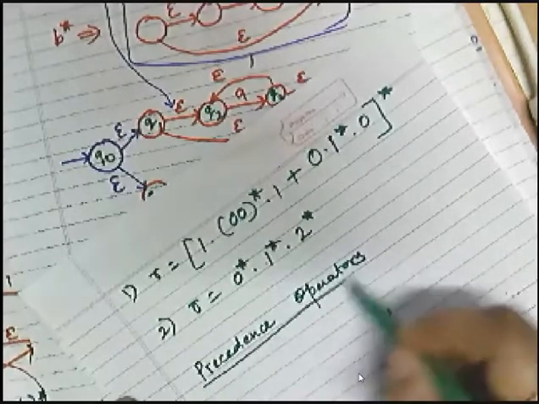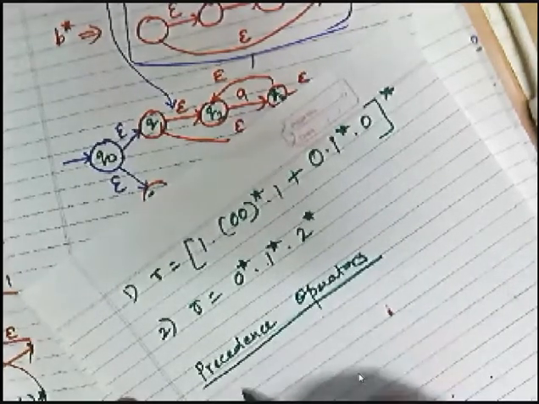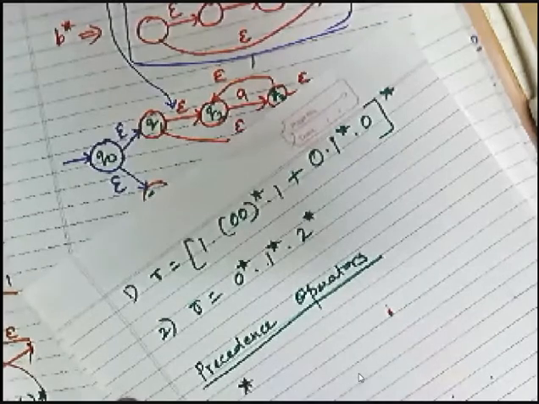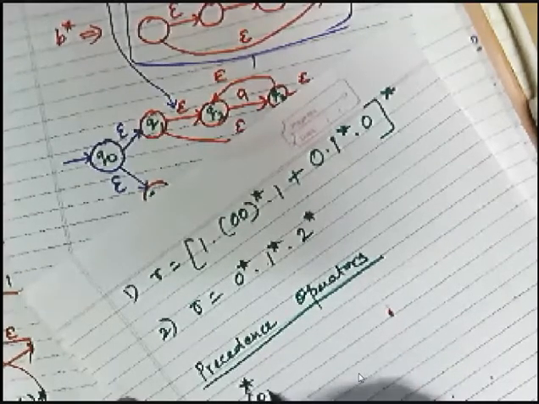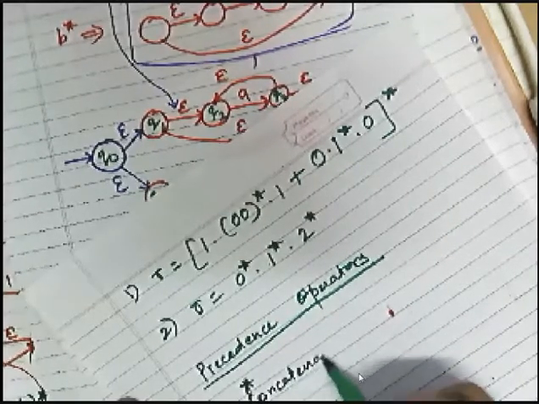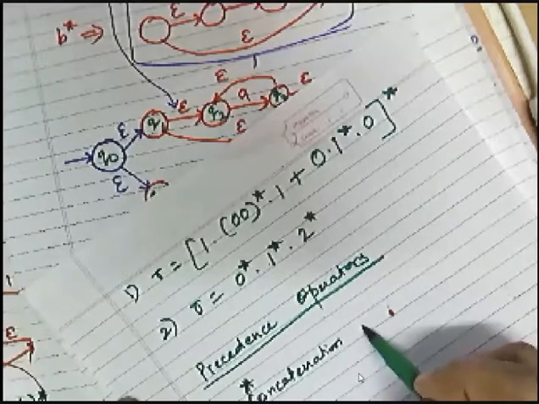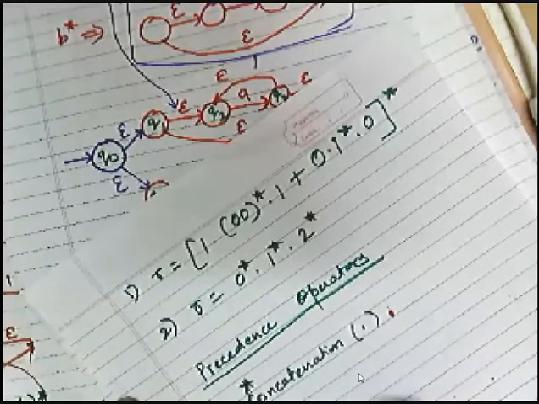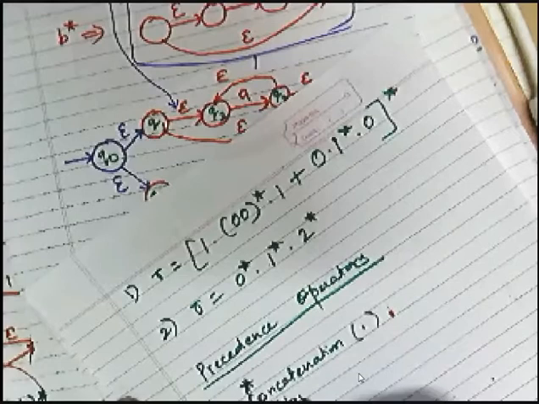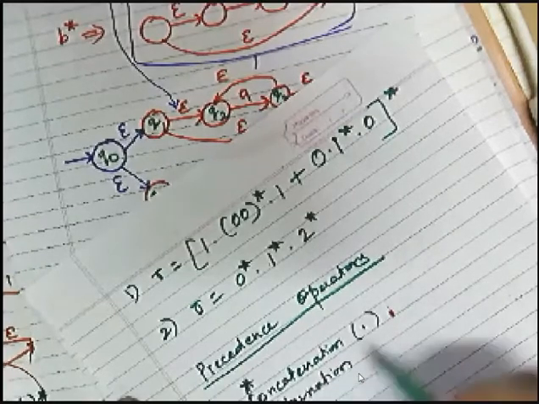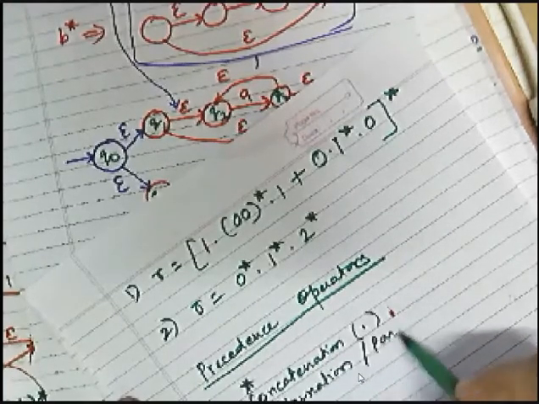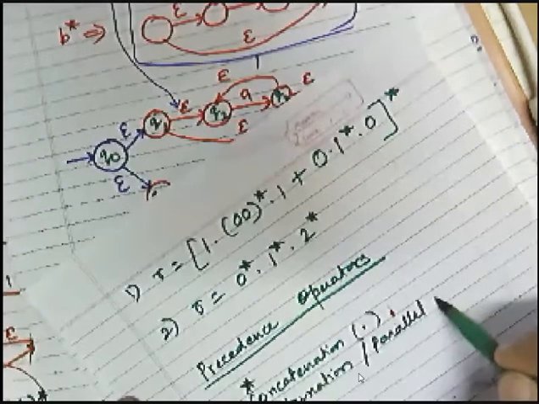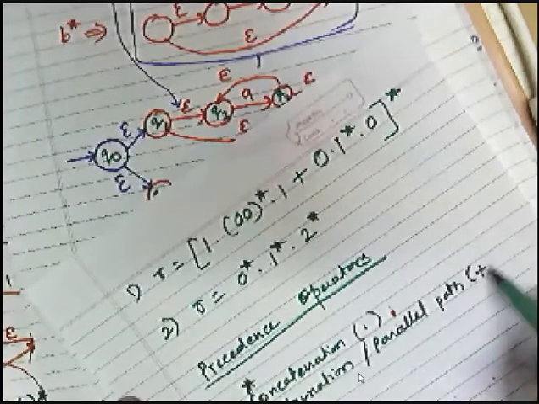Very first it is star, second is concatenation, that is dot, and third is alternation, that is the parallel path, that is plus.